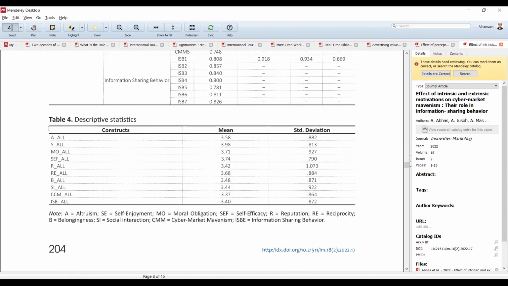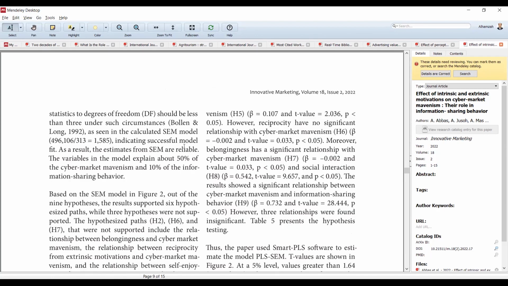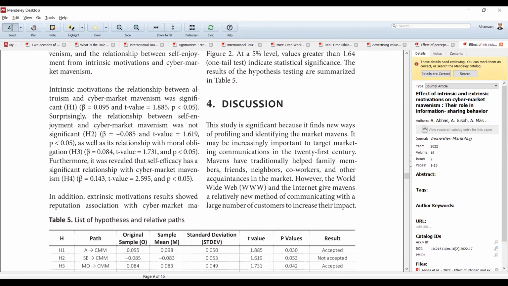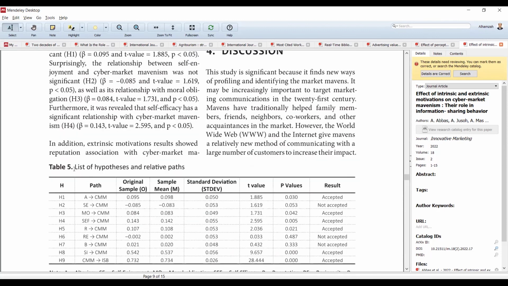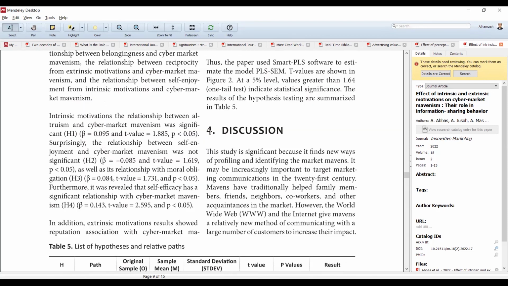All right, so here are also the demographic statistics, and then these are my hypotheses paths. You can see it's very important. You can see which hypothesis was accepted, which has been rejected, already mentioned here.